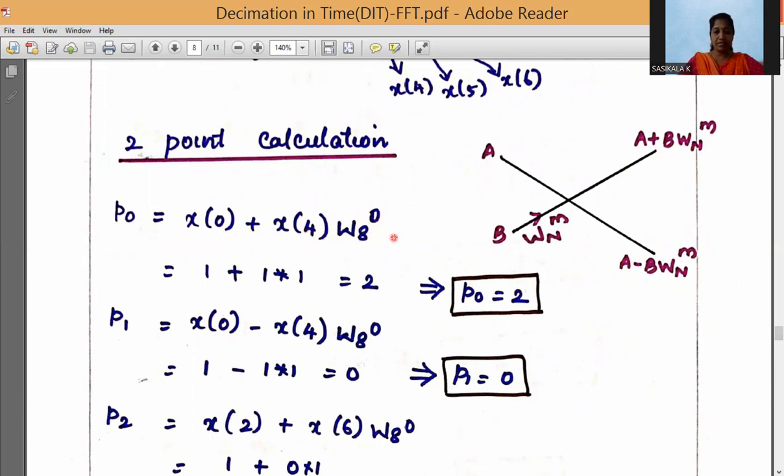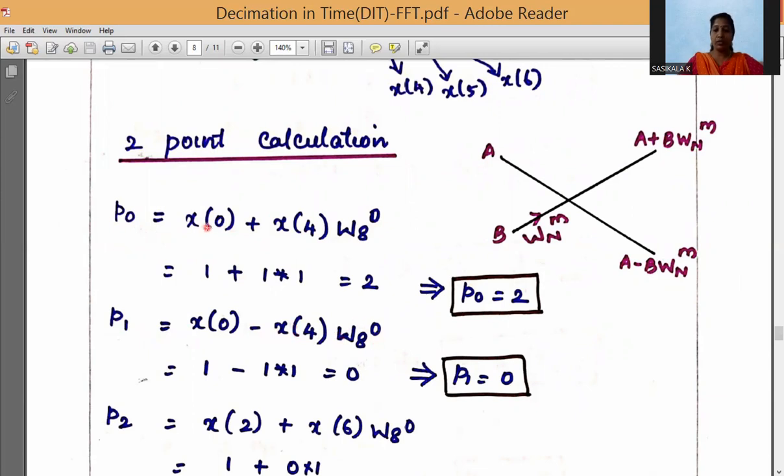This is the first output, and the second output is the same as the first one, except the plus is replaced by minus. So P1 is equal to X of 0 minus X of 4 into W8 power 0.